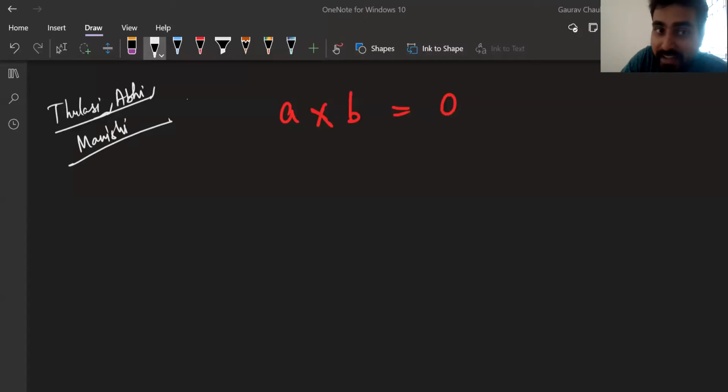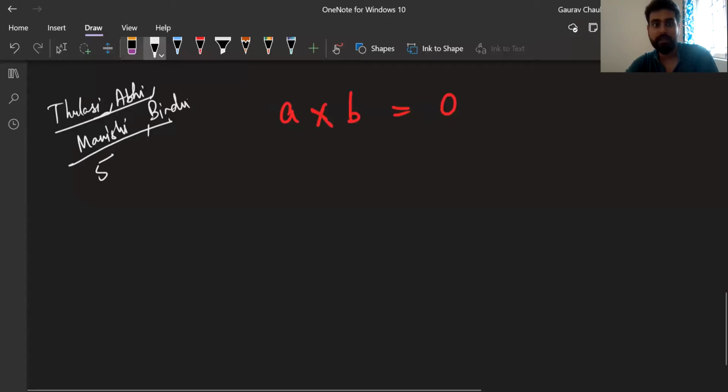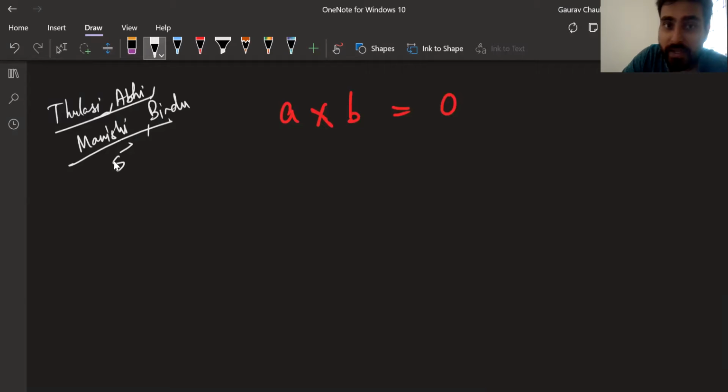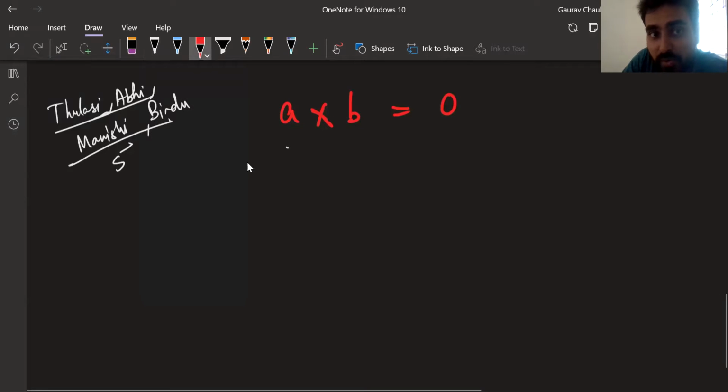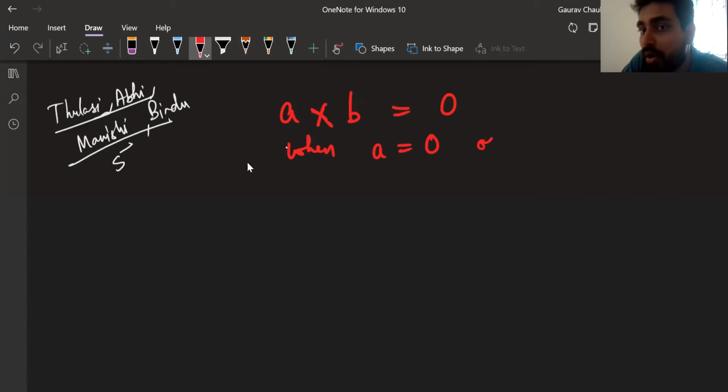So any one of these values, either A or B, is 0. That much is enough. I'll give you guys 10 here because it's a simple thinking step. Now this is true when A is equal to 0 or B is equal to 0.